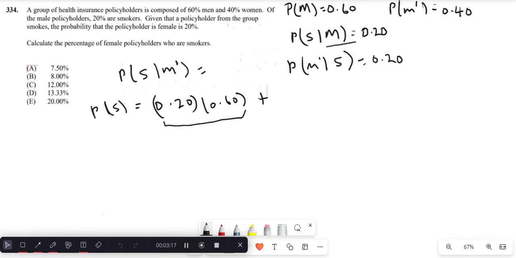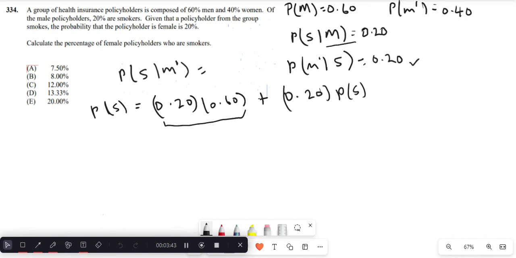And I need to add that to the probability that a person is female and smokes. So we can use this piece of information to get it: the probability that a person is female given that the person smokes, that is 0.20, multiplied by the probability that the person smokes, probability of S.